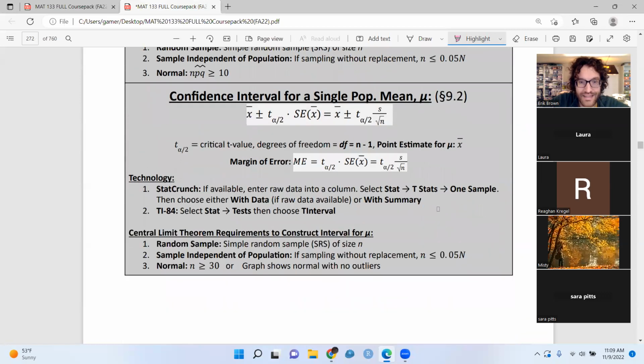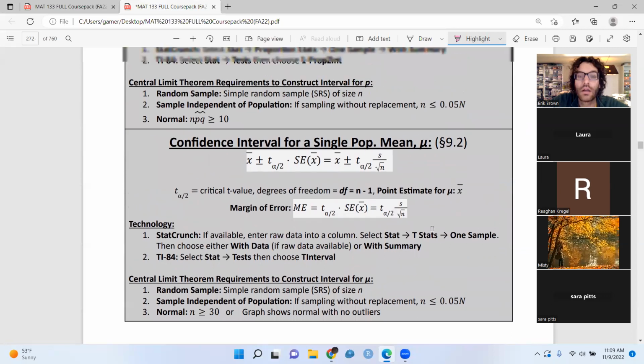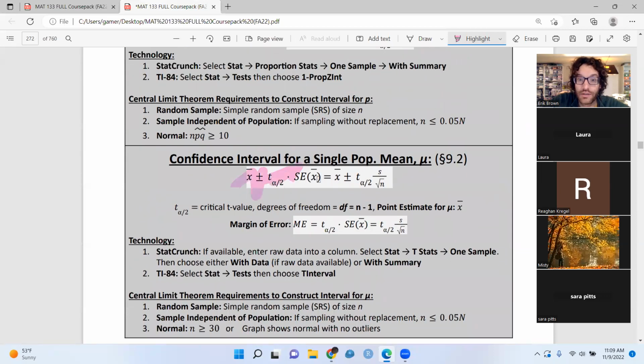Okay, so what's different? Well, the formula, surprise, it's different. The different parts in these formulas is what was different from chapter 8.